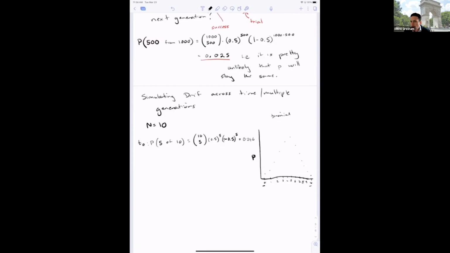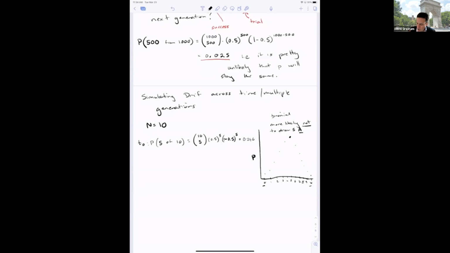And so actually it's more likely that we're going to randomly draw some other number of big A alleles from this population. Here's our maximal probability of drawing 5, but we could either draw 0, 1, 2, 3, 4, or 6, 7, 8, 9, 10. And the probability of drawing one of those numbers of alleles is going to be 1 minus 0.246.